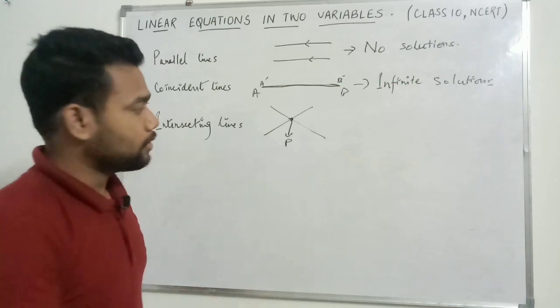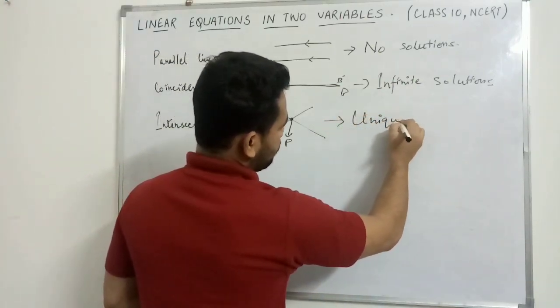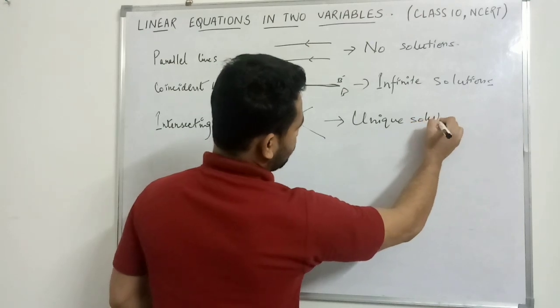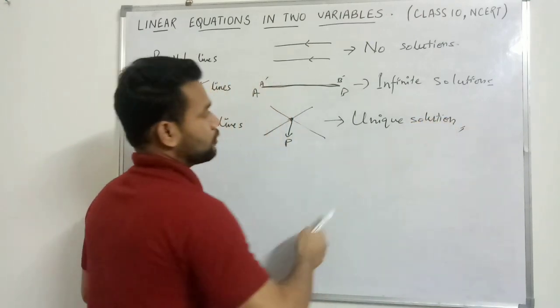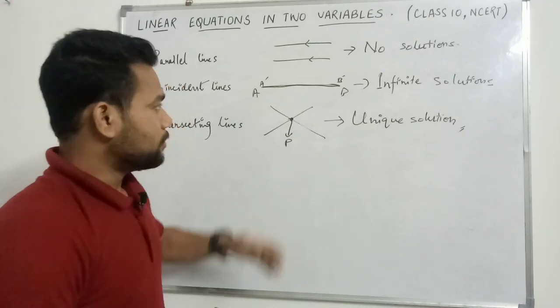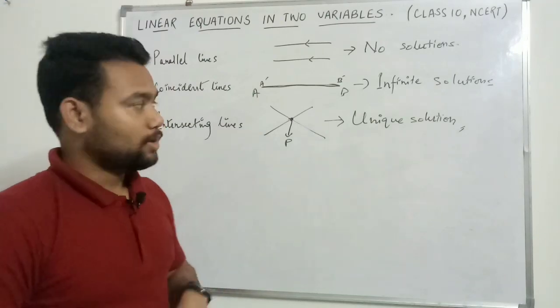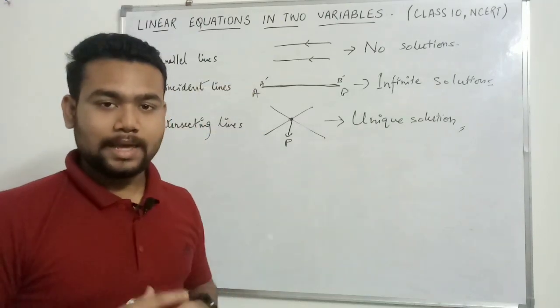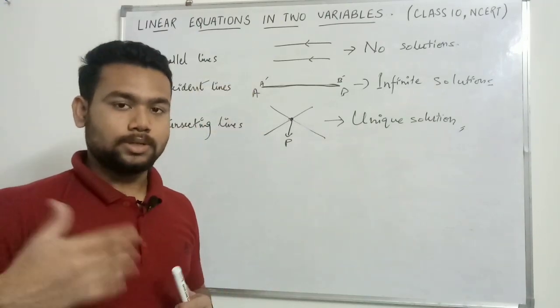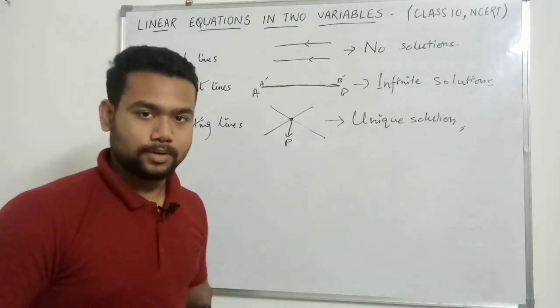Only one root, that means unique solution. Got it? Don't forget about no solution, infinite solution and unique solution. With these three diagrams, you can remember the whole concept. Always go for the diagrams; it really helps you remember. So let's go for question number 5.